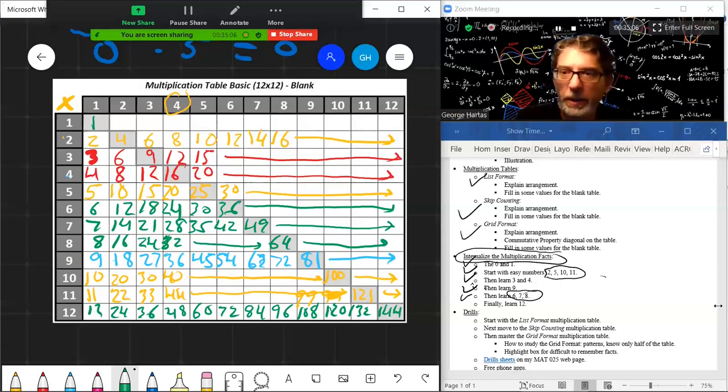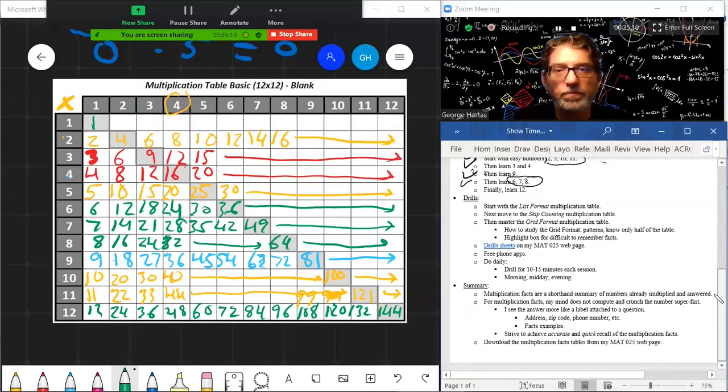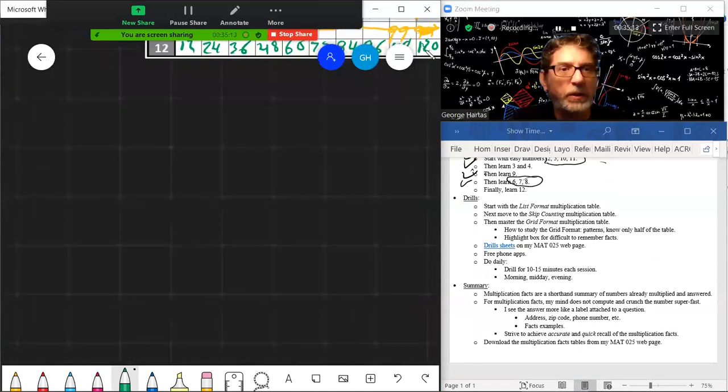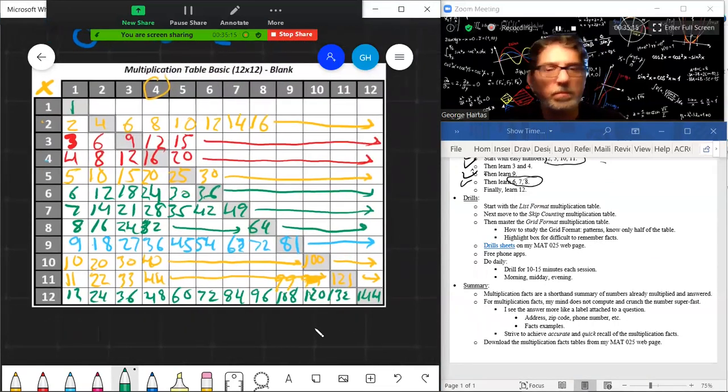let's keep going here, and let's see what else we have. So I think I covered all the images I want to go over. So let's talk about the drills. What I would recommend is to start with the list format, right? The list that goes right down the list.